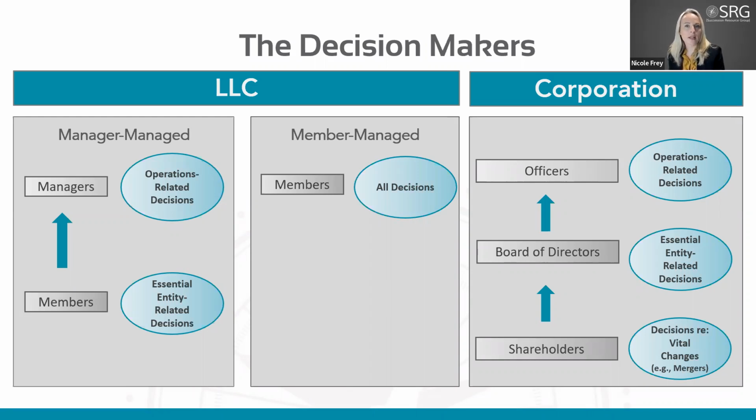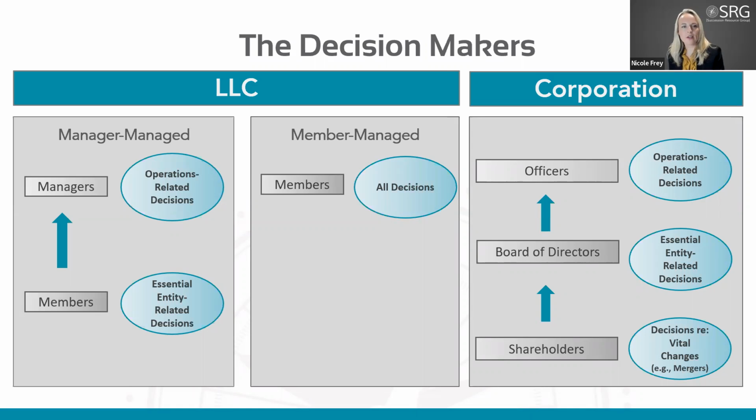For example, you might have some decisions that require unanimous consent. Others require supermajority, but the bulk of the decisions will probably require a simple majority. So it's really easy to make those decisions. You will not come up to a deadlock. That way you can operate the entity efficiently and effectively.